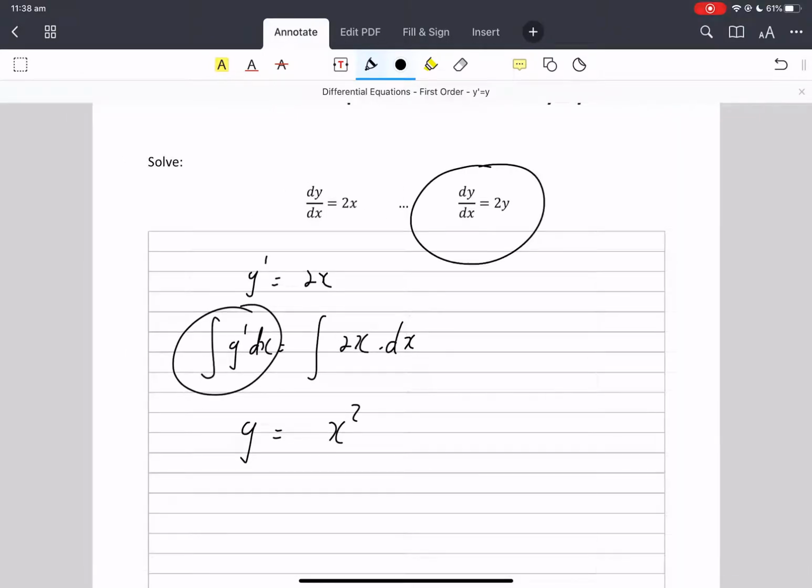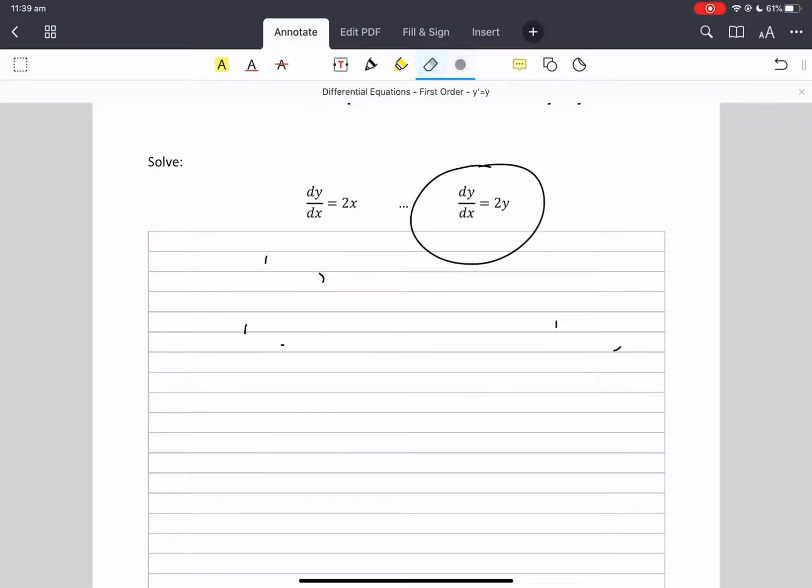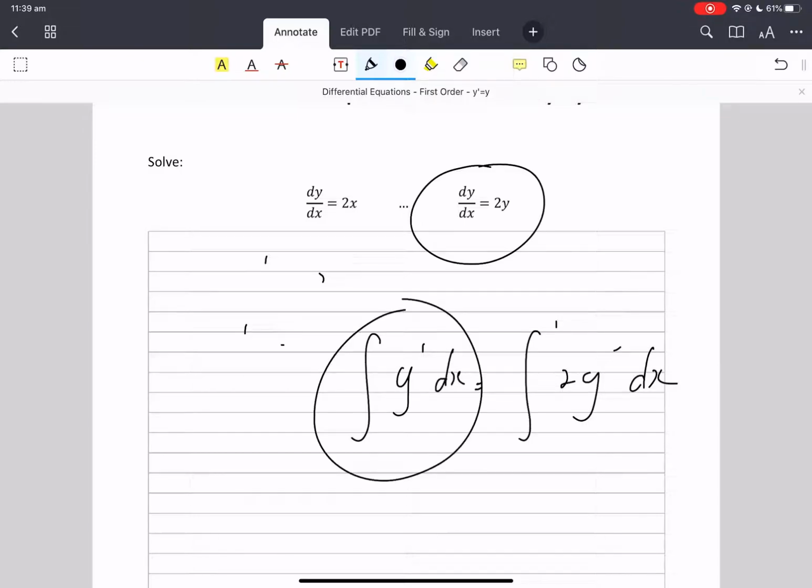Okay. So if I've got y prime equals 2y, and I integrate with respect to x, this side's easy.